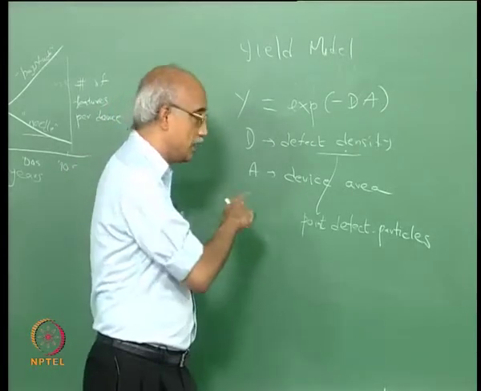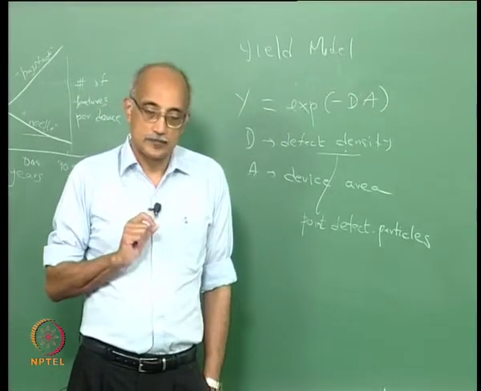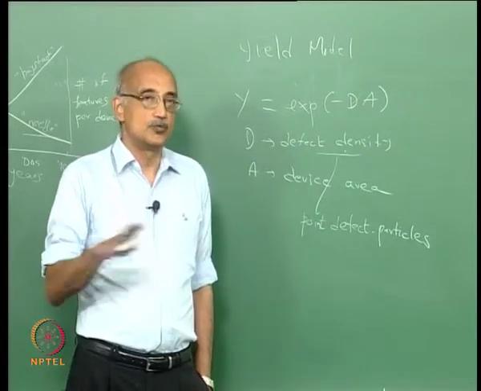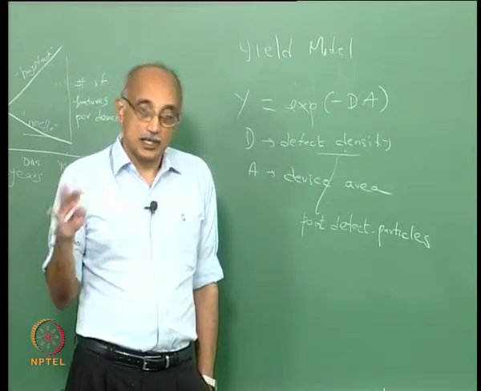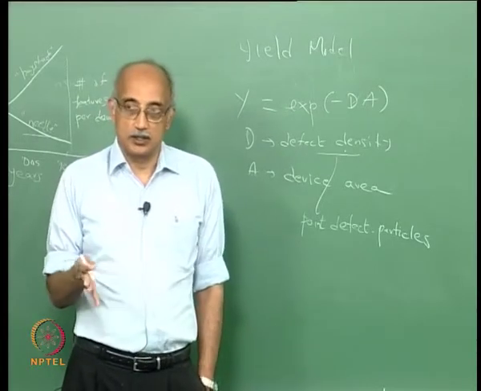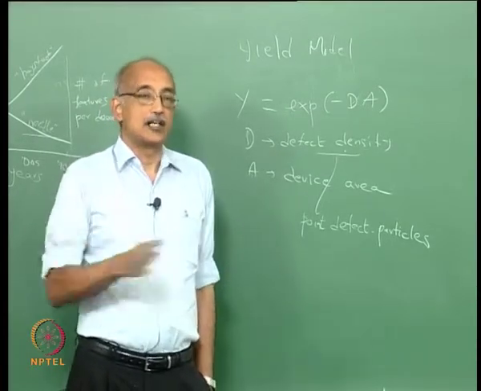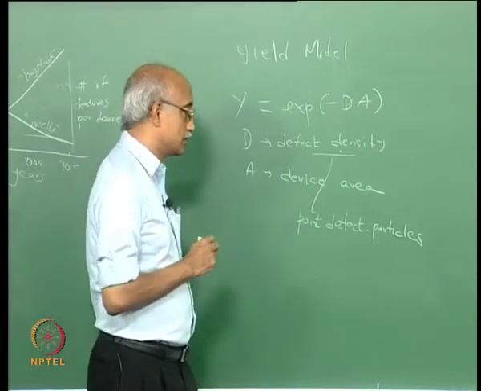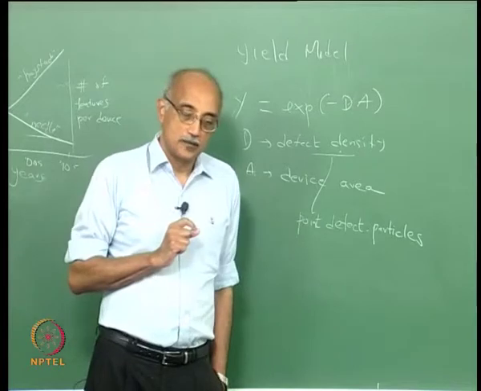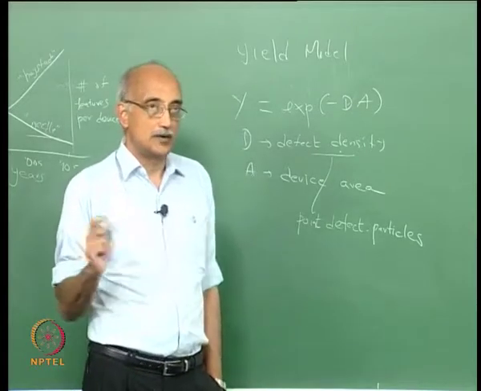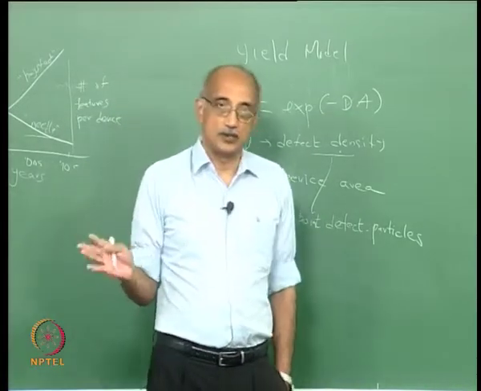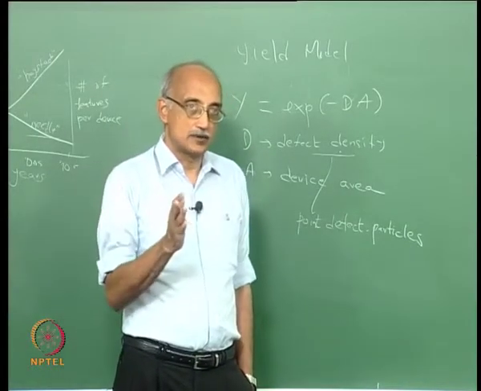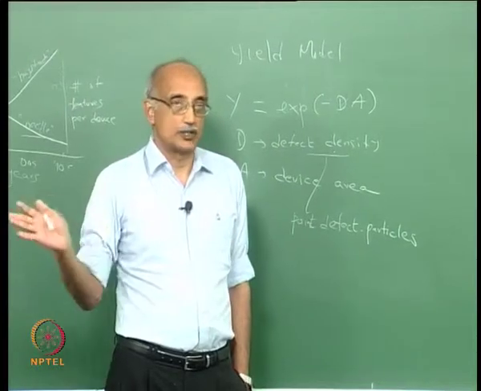But in the case of defects that are caused by particles, if you have a defect density that is very, very uniform in your product, the associated yield loss is much higher compared to a random distribution of defects. Now, the reason for that is that when you have a completely random distribution of defects, you do not really know which of these wafers has more defects compared to which.